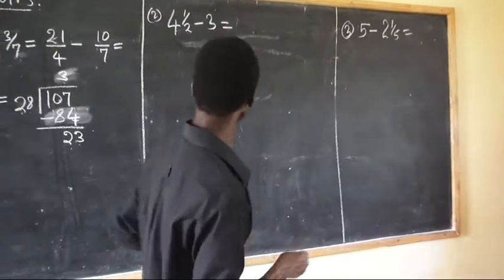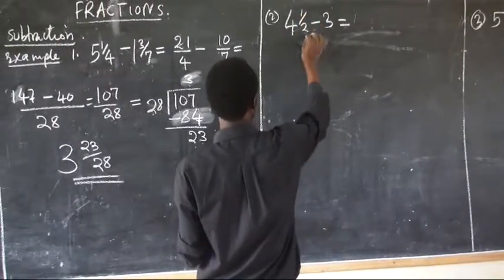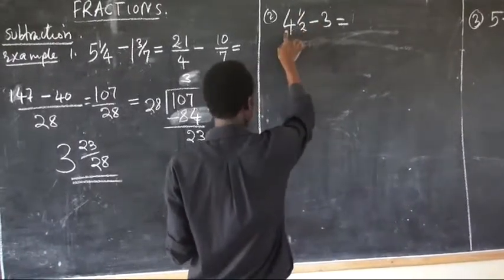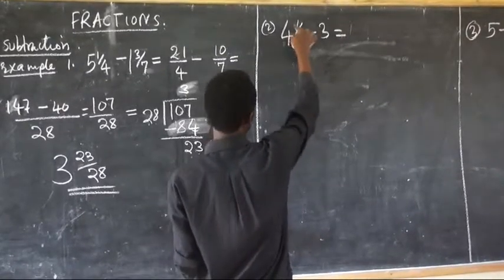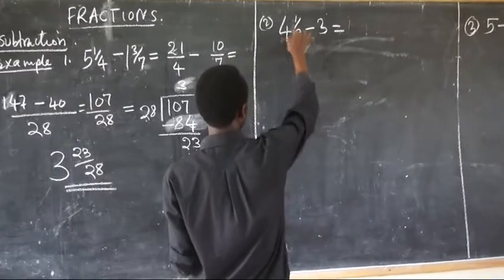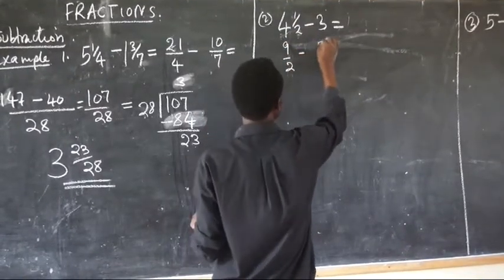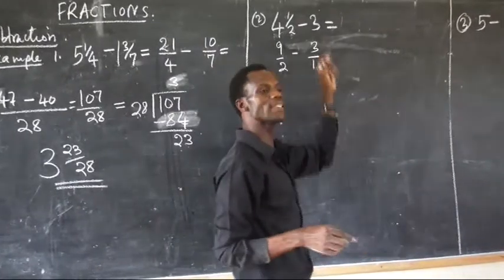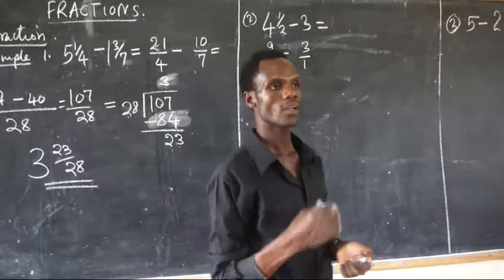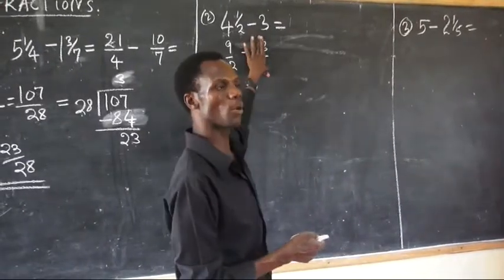Changing them into fractions, you take this one times this one and this one plus this one. Now it is 2 times 4 plus 1, with 2 times 4 being 8 plus 1, it is 9 over 2. Now minus 3 over 1. We have put 3 over 1 to make it an improper fraction. The reason is very simple: we just wanted to convert this one into an improper fraction.